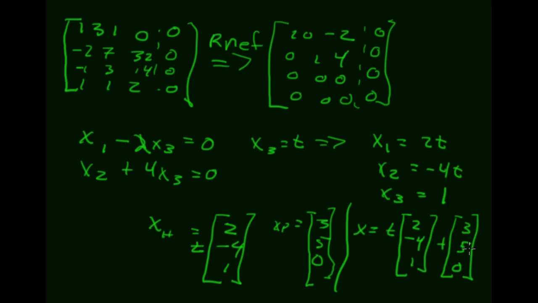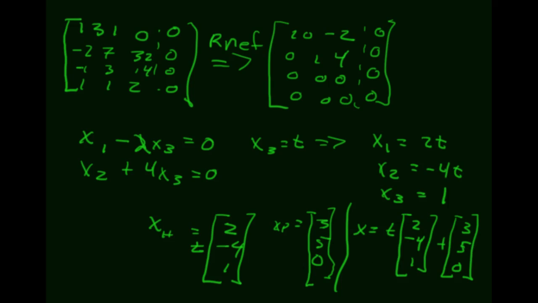So this system will be solved for every single value of t given those two column vectors. Alright, so there you go. That's a way to describe the infinite number of solutions to this system by using the solutions to the homogeneous system and a particular solution.